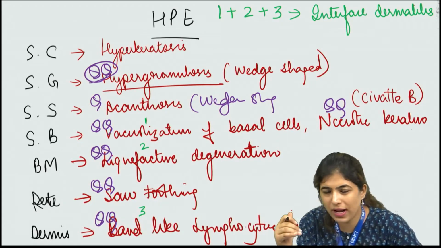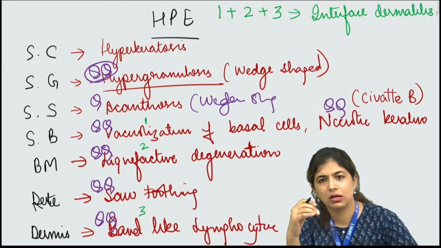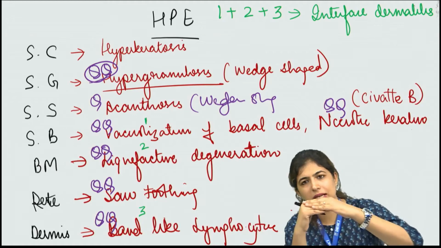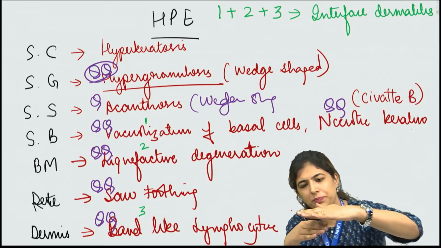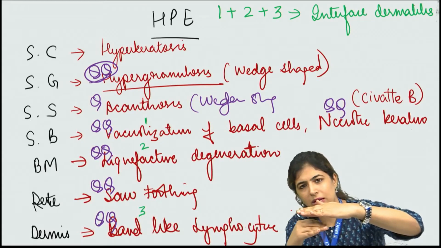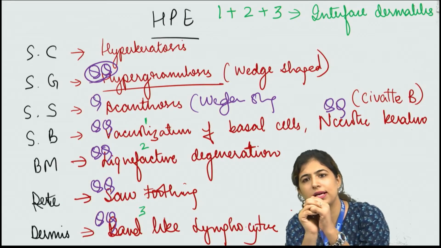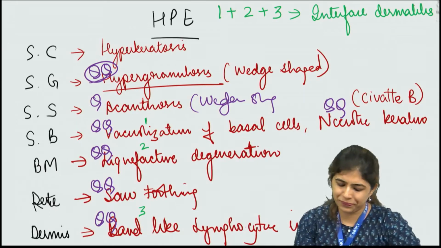Interface is where two layers, two media interact. In the skin, where the epidermis and the dermis meet, that is the interface. So the lowermost layer of the epidermis, the basement membrane, and the uppermost dermis, together, when it is involved, it is called interface dermatitis. Okay?